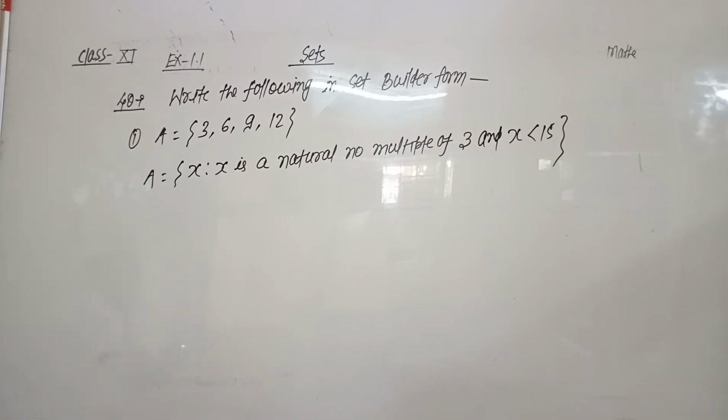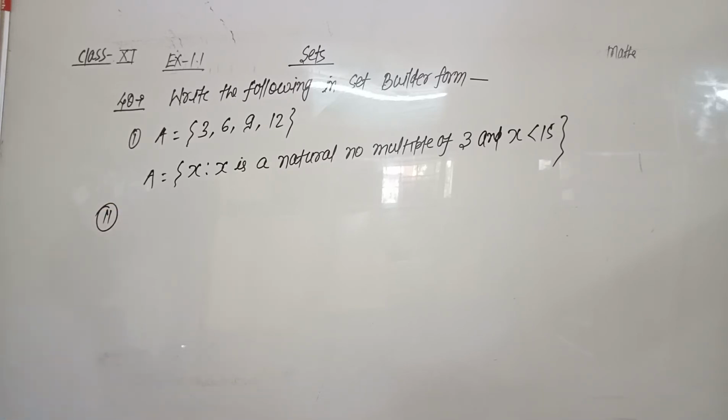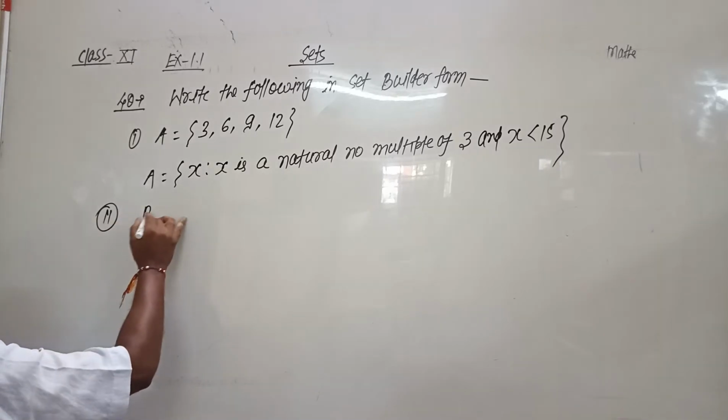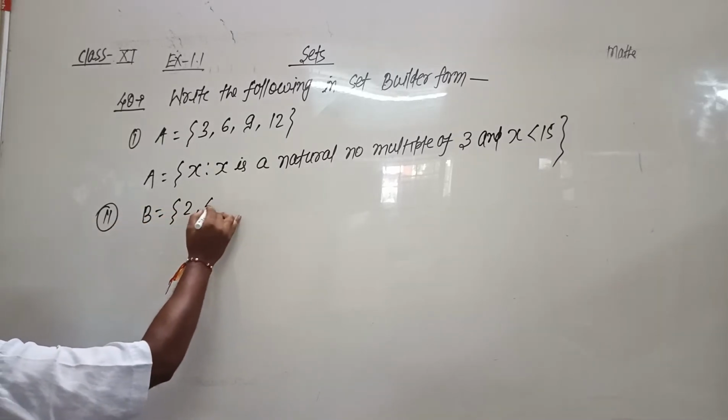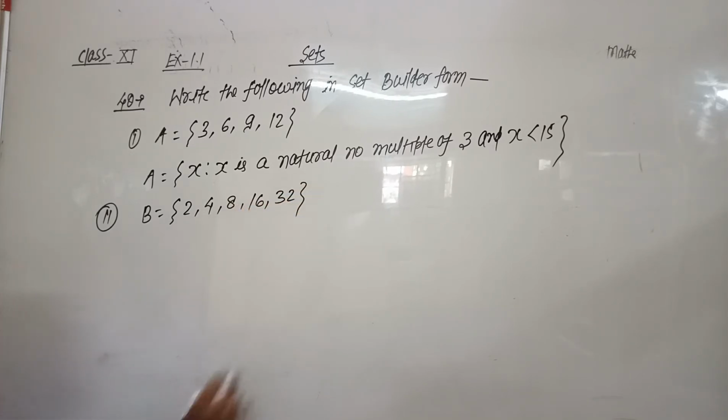The second is B equals {2, 4, 8, 16, 32}.